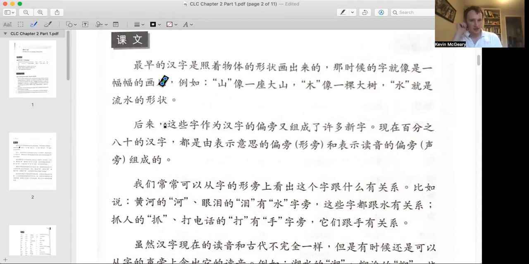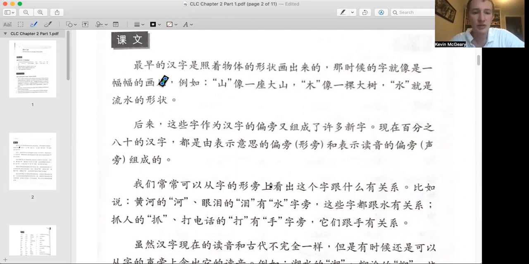Thereafter, these characters started to take on modern pianpang, so radicals, the components that make up modern day characters, and became new characters. 现在80%的汉字都是由表示意思的偏旁、形旁和表示读音的偏旁、声旁组成的. So now, 80% of characters in modern Chinese have a meaning element, 形旁, and a sound element, 声旁.